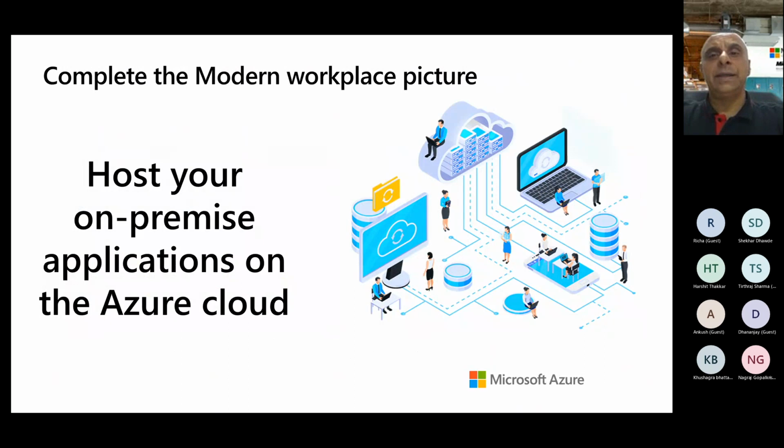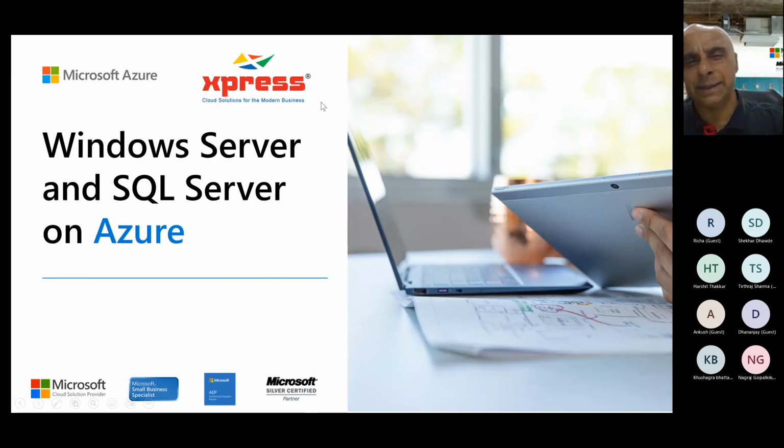What we can advise is you can host your applications on Microsoft Azure. So then, your on-prem server hosting your applications, simply move to the cloud, and then your employees are able to work from anywhere. Let's say you have a CRM, or any application which needs a Windows server and a SQL server, which is hosted on your Office server.